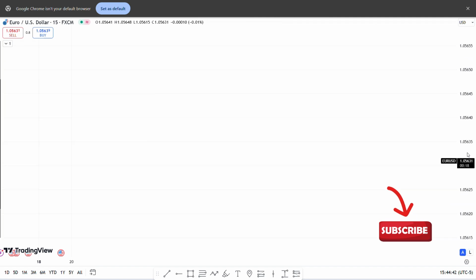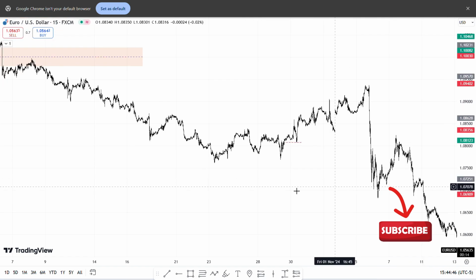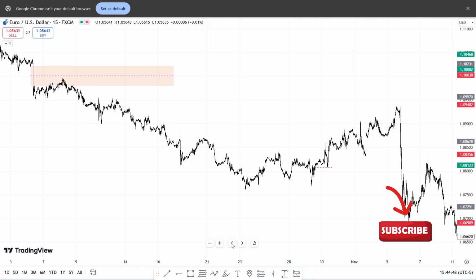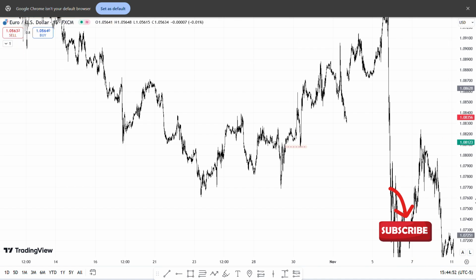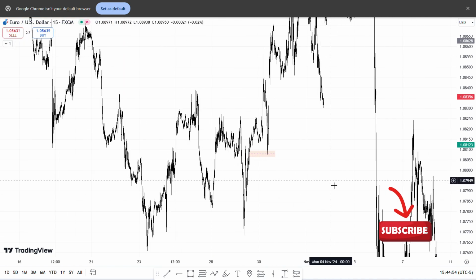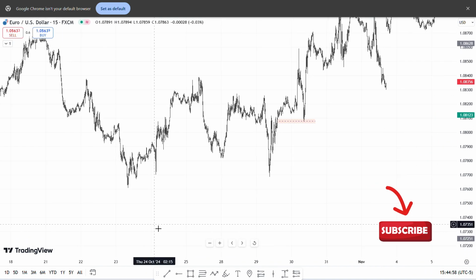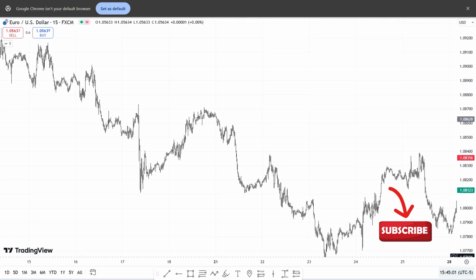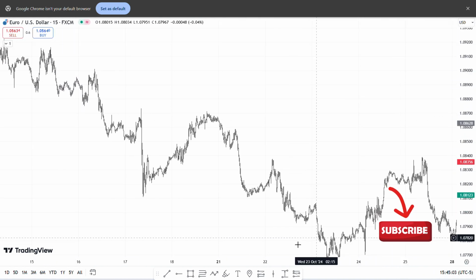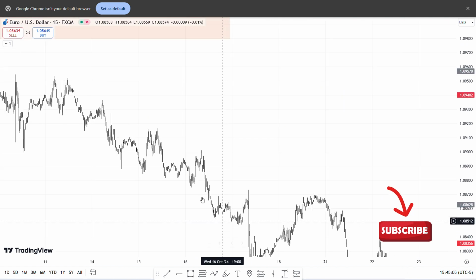Let's see if you can see something like that. So this is a 15 minute higher time frame. If you look at it this way, you will see the market at this level. This is a lower time frame, so let's start from here.